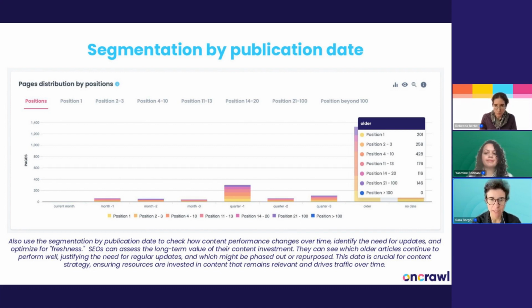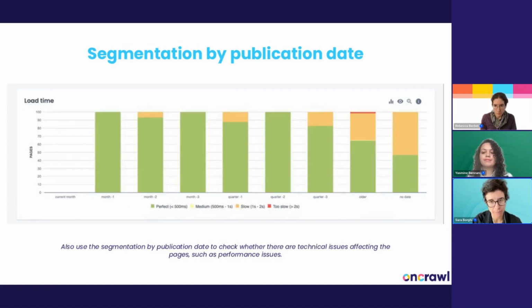So again, this will give you insight that there's an opportunity to analyze these articles, and make sure that they are refreshed and updated in order to push their rankings higher in the upcoming months and get ready for the new season, for the new spike in searches. So yeah, this is a very useful one, and I recommend you adopt it if you have a media site, an editorial site.